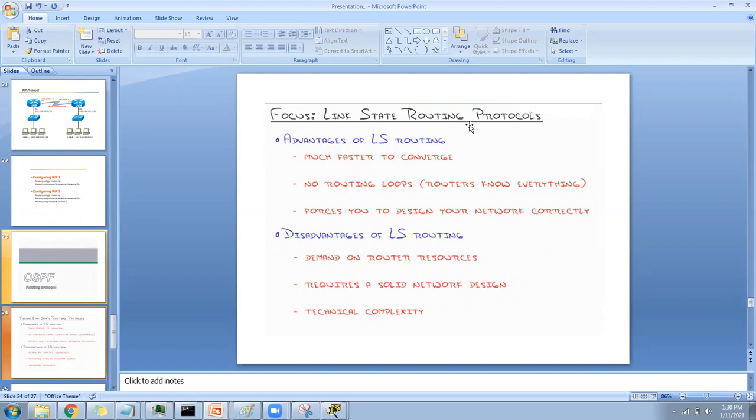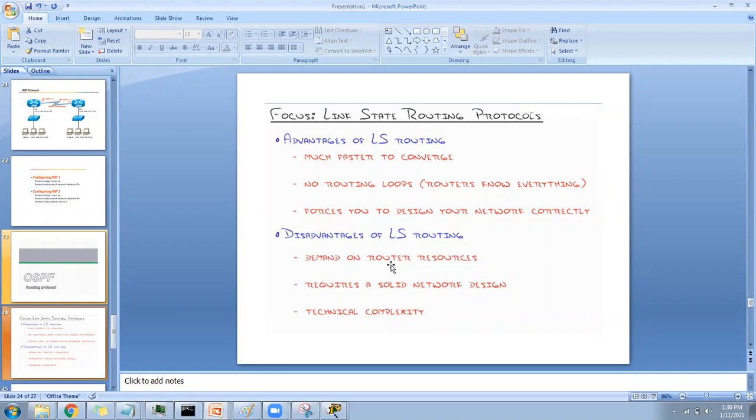OSPF is a link state protocol. Advantages: much faster to converge, no routing loops, forces you to design your network correctly. See, OSPF is much faster routing. And there are some disadvantages.